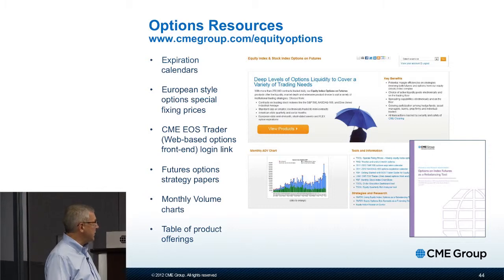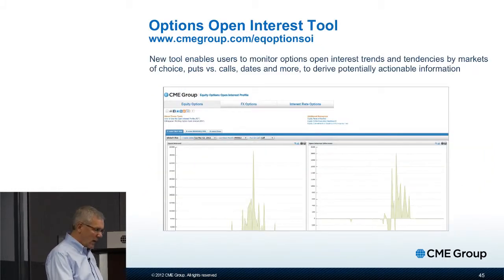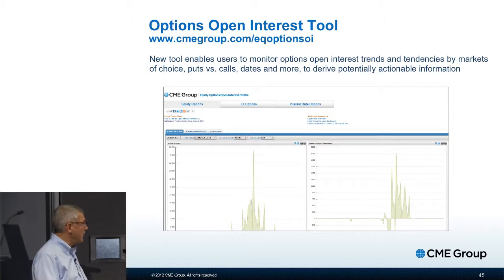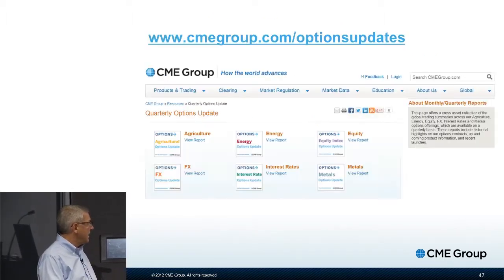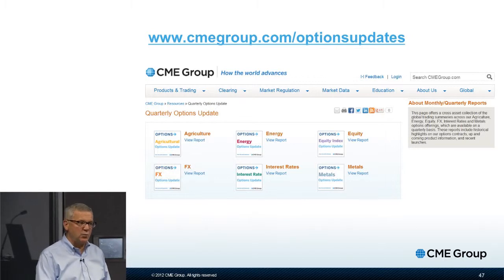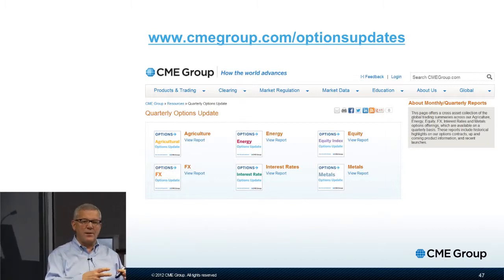So we have a resource page for options, which gives you some more information about the product as well as some white papers. I think David also mentioned the open interest tool, which is available for all of our products. We have some contact information, and then we also have an options update website, which aggregates information from all of our asset classes.